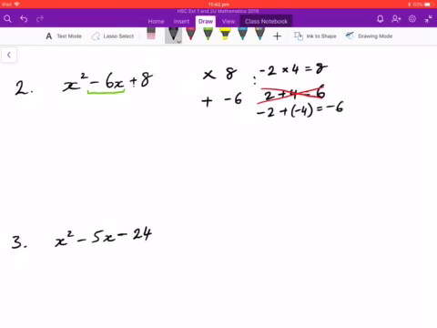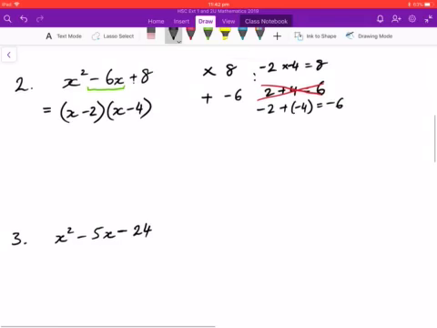And what if I change it to negative 2 times negative 4? Well, that gets me to 8. So the two numbers are negative 2 and negative 4. So my quadratic trinomial goes to being x minus 2, x minus 4. X minus 2, x minus 4 is my quadratic trinomial that I've factorized correctly. Just looking for these two numbers.